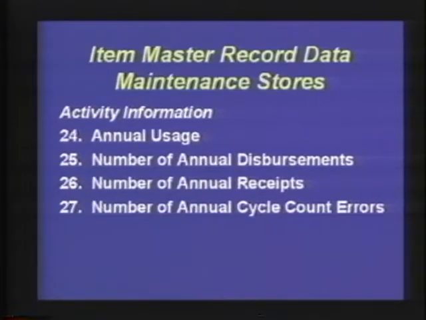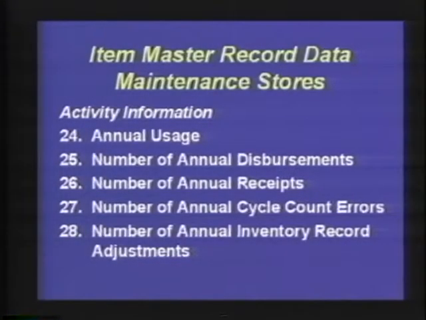And if you remember, we said to set up cycle counting in section number 4, you want to take a physical inventory first, so that item number 27 here should be very minimal in terms of cycle count errors. And then 28 is the maintenance of the record that is going to keep track of the inventory adjustments that are made not only in the storeroom, but also on the inventory management record.